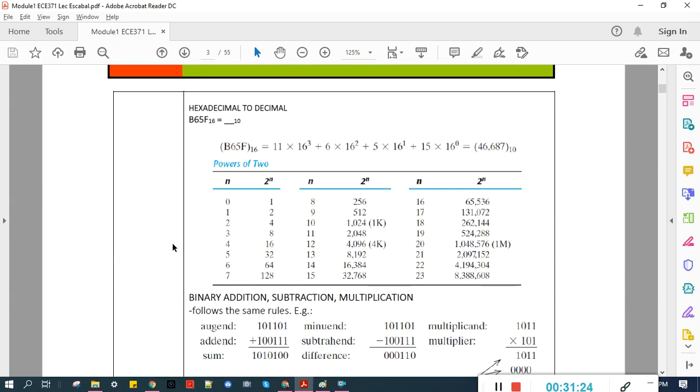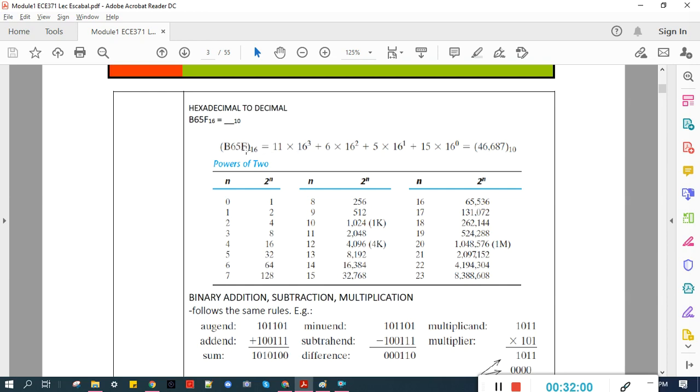Hexadecimal to decimal conversion. Let's have an example here. B65F base 16 is equal to what in decimal or base 10? So same with our previous examples, we just multiply the digit with powers of base 16.